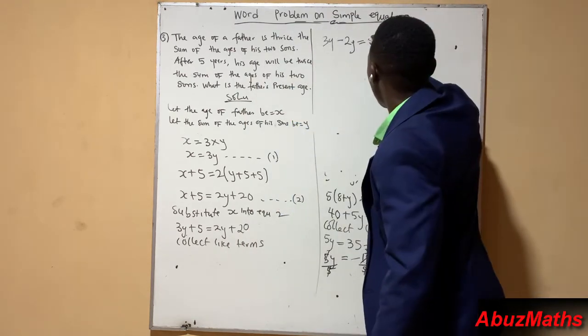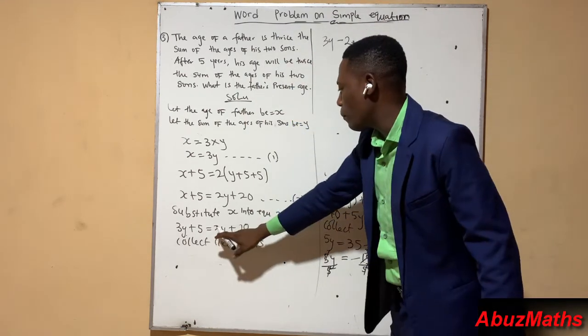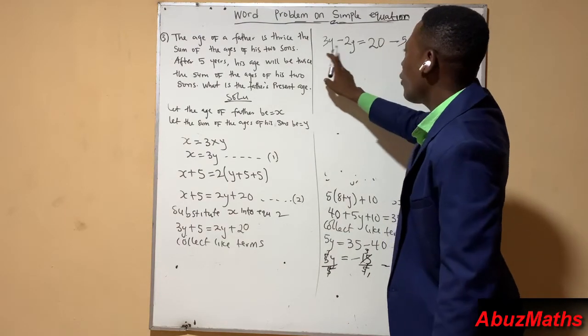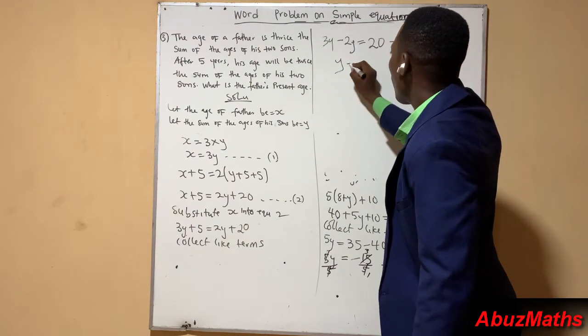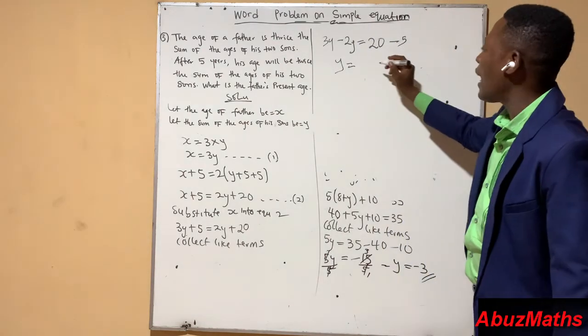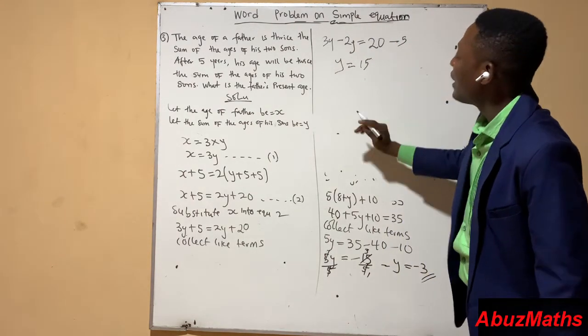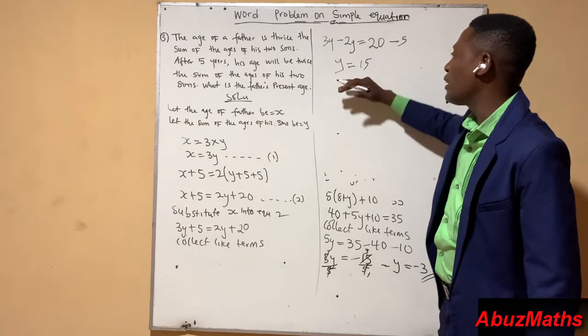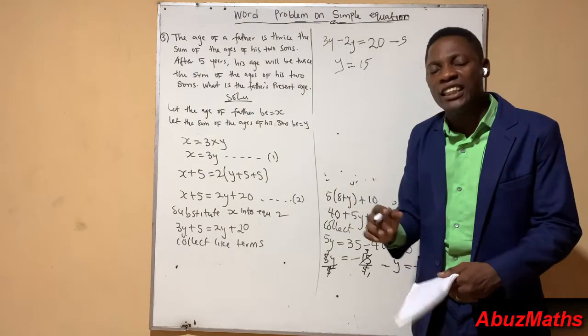So I have 20 here, and I take plus 5 to the other side, becomes minus 5. Now 3y minus 2y will give me y is equal to 20 minus 5 will give me 15. y is the sum of the ages of his 2 sons. So that means 15 is the sum of their ages.